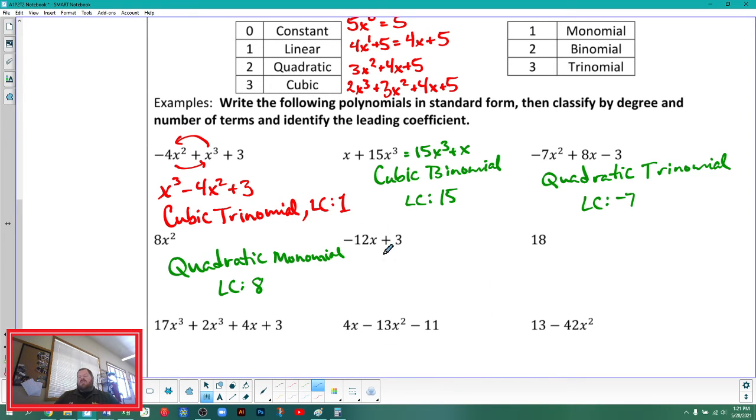The next one is in standard form. I have x and then no x. The highest power of x is 1, so it's linear. There's 2 terms, so it's a binomial with a leading coefficient of -12.